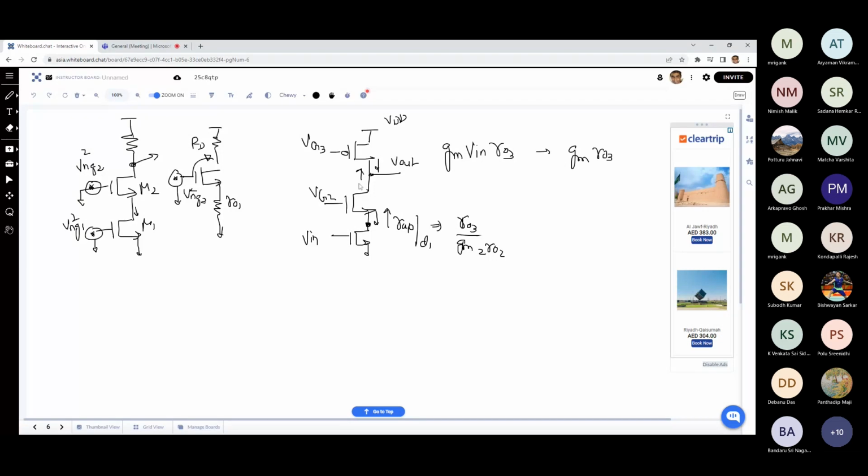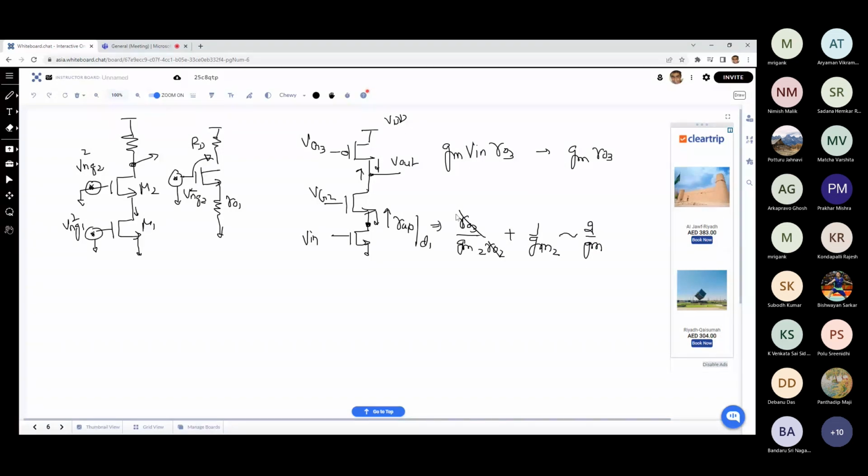Whatever is the impedance looking into the drain of the MOSFET, that is RO3, and it gets divided by the intrinsic gain of this MOSFET, gm2 RO2. If I assume that RO2 and RO3 are similar, then it is going to be 2 upon gm. So there's a minor change. Earlier, if I had assumed that RD is much less than RO, it was 1 upon gm. Now it has become almost 2 upon gm.